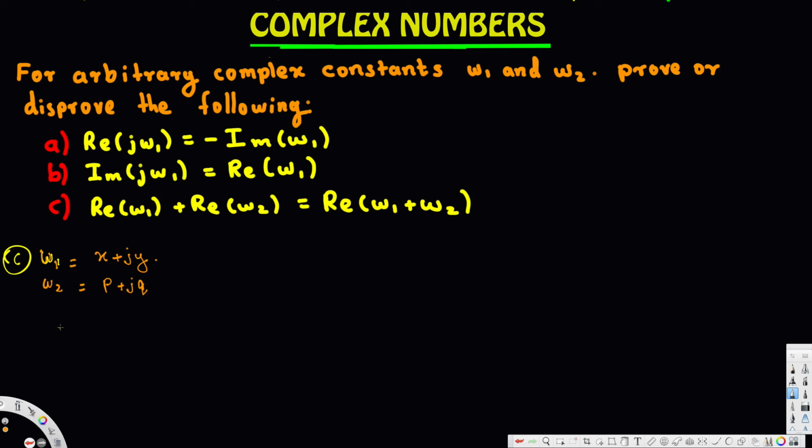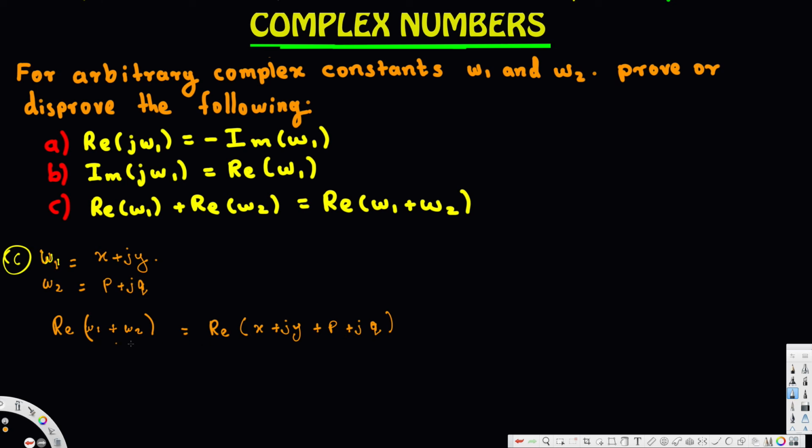Okay, let's go ahead and do that. First, I'm going to add these two together: w1 and w2. If you add them, you get x + jy, that's the first one, plus p + jq, that's the second one.